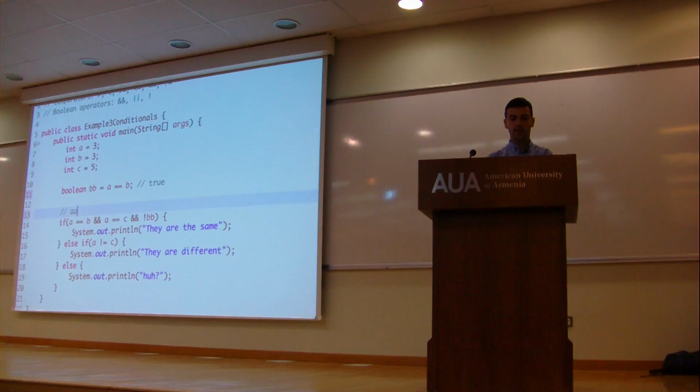A is equal to B. What is A again? 3. What is B again? 3. So is this true? True. And A is equal to C. What is A? It's 3, equals 5. What is C? 5. This is false. What is true and false?